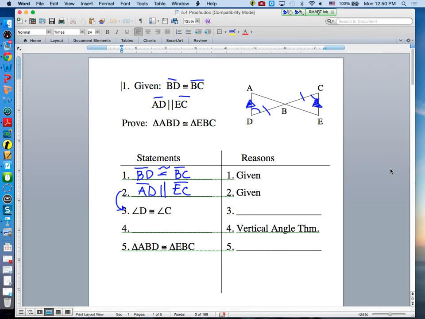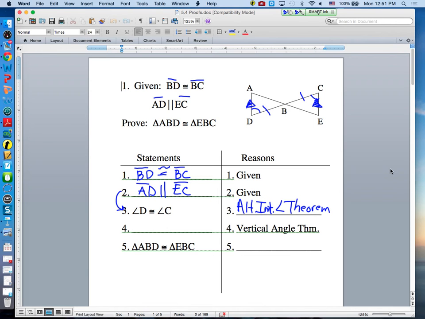Morgan, sorry. Close. I don't think they're exterior because they're between the two lines. Alternate interior. Okay, so number 3 is the alternate interior angle theorem. It's the theorem that told us when the lines are parallel, alternate interior angles are congruent.